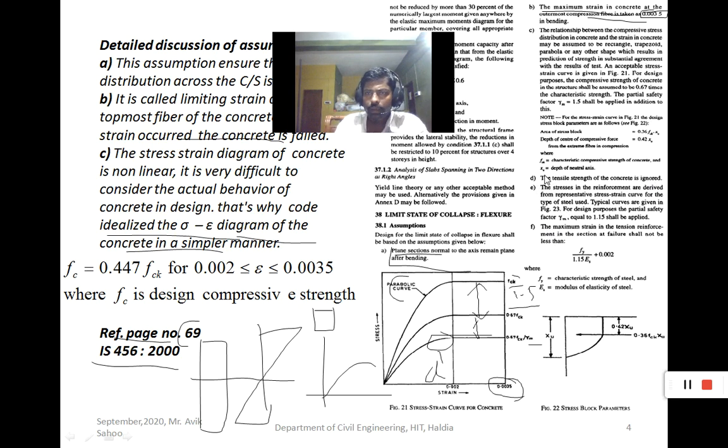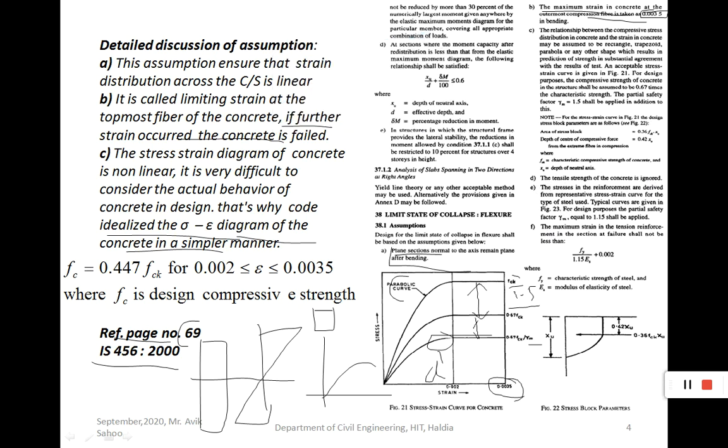Because you know that concrete is weaker in tension and strong in compression. Although concrete has a little bit of tensile strength, we do not consider it, and we assume that the entire tension is taken up by the steel.